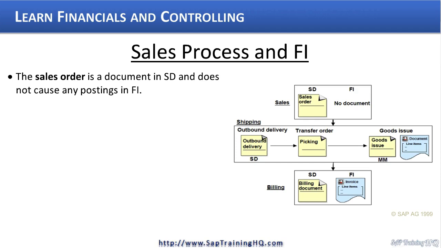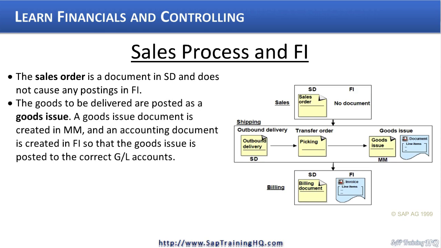Then the requested goods are taken from the warehouse and prepared for delivery. The goods to be delivered are posted as goods issue. The goods issue document is created in Materials Management, and then an accounting document is created in Financial Accounting, so that the goods issue is posted to the correct general ledger account.